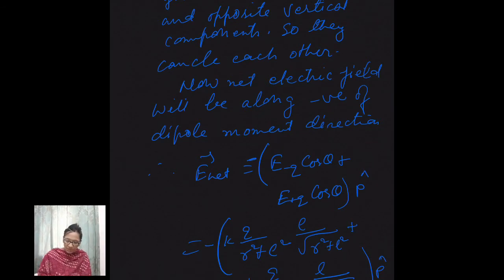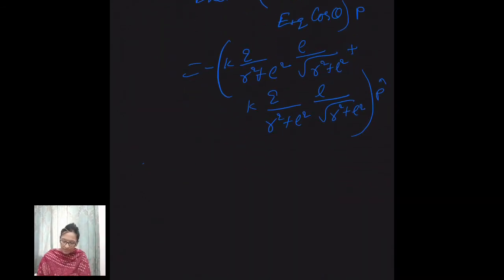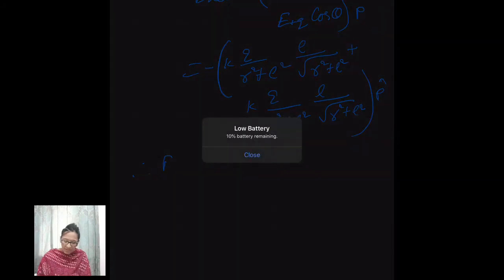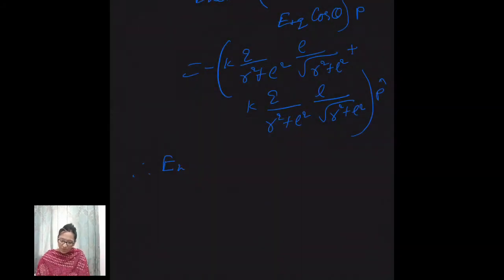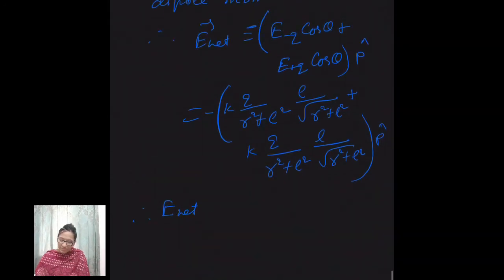Now E net is equal to minus, let us take the common quantities K, Q, L, all are common, into 1 plus 1, it is 2 times, and R square plus L square is also common, whole power 1 by 2 plus 1, and this is along P cap.